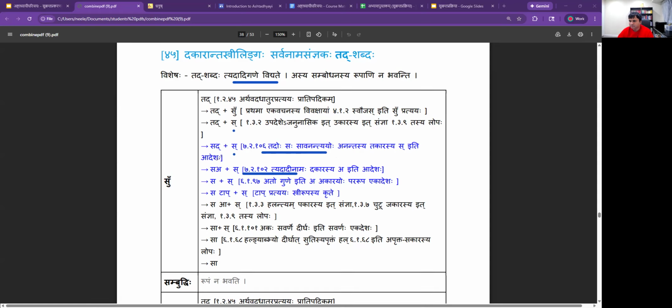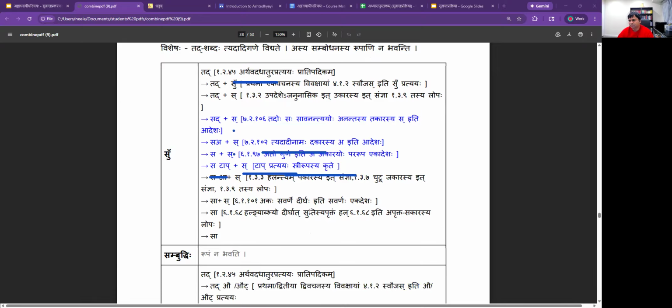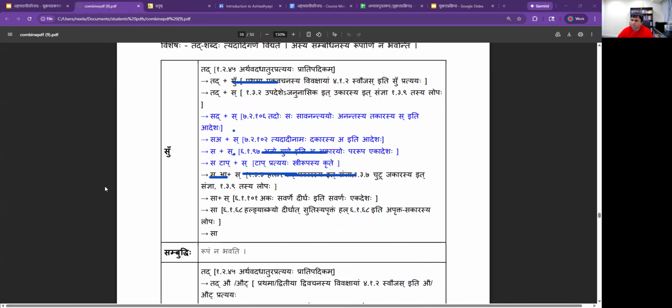After that, since it is from Tyadadi Ganaha, Tyadadi Namaha, Atra Dakarasya Akaraha Bhavati. Tasmat Anantaram Ato Gune iti Akara Yoho Pararupa Ekadesha Bhavati. So the akara in the sa and the akara which has been generated because of both together, pararupa ekadesha bhavati.